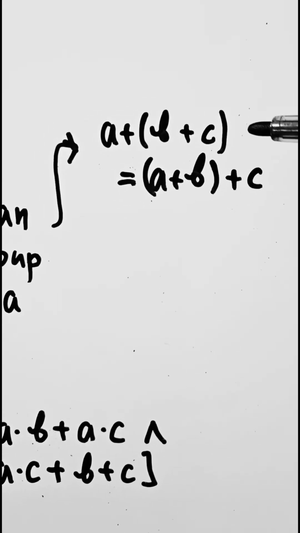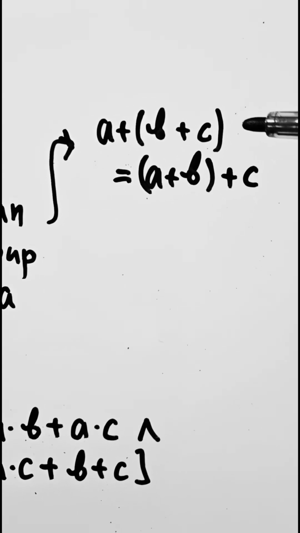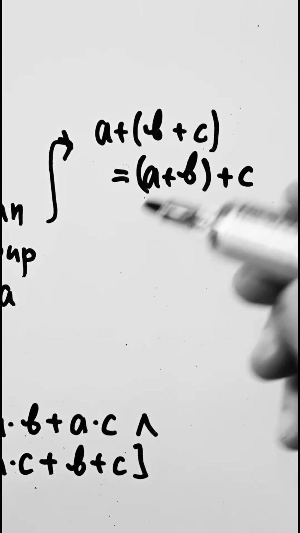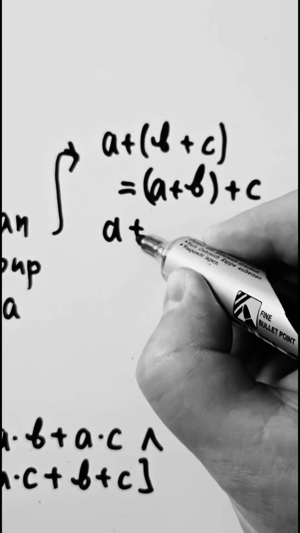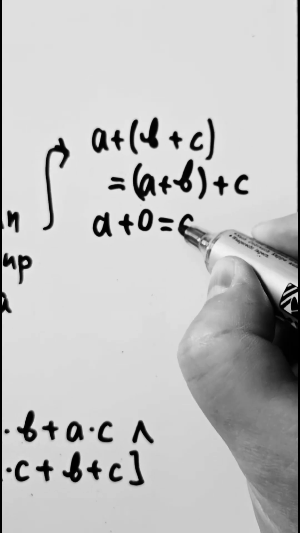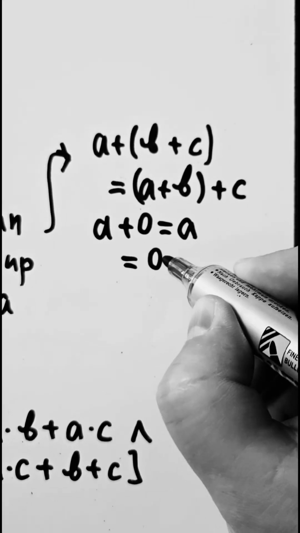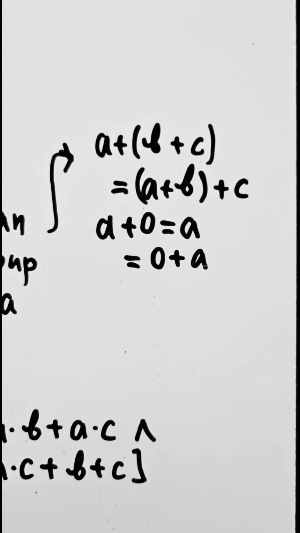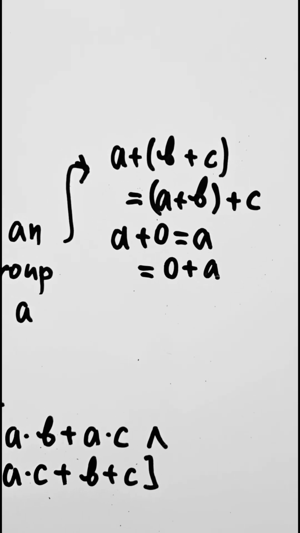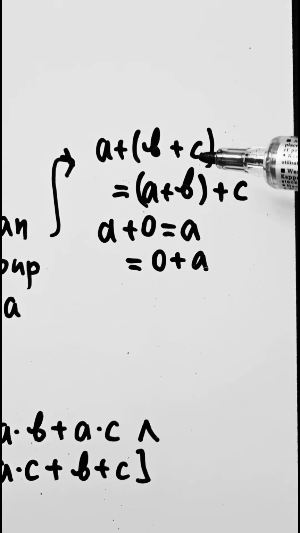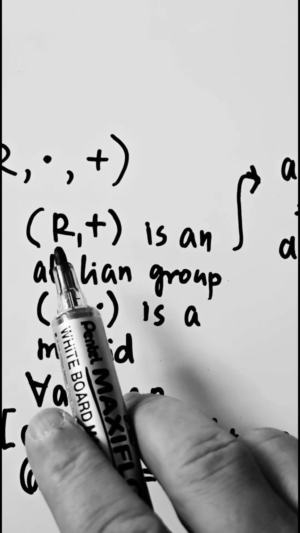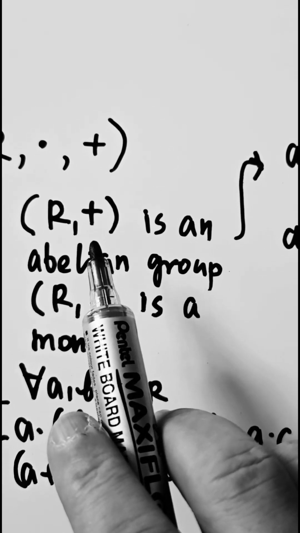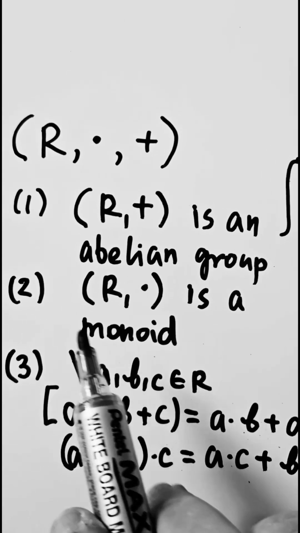This must hold for every a, b, and c in R. Secondly, there must be a special element 0 in R so that a plus 0 equals a, and that equals 0 plus a. With only these two conditions, R with a plus would have been a monoid, the concept we need for the second property of a ring.